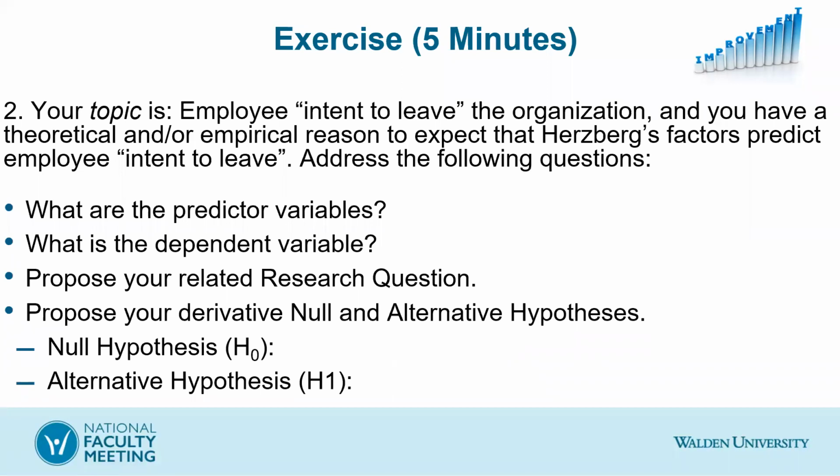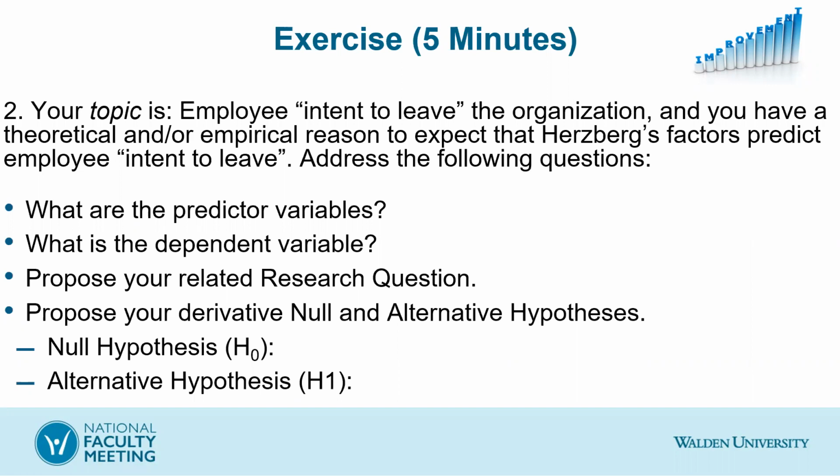I'm gonna propose a research question from the 3 that I used. What is the relationship between recognition of one's achievement, opportunities to do something meaningful, work conditions, and the "and" will move you toward the dependent variable, which is employee's intent to leave. And that would be a question.